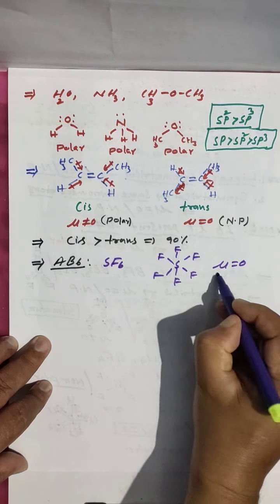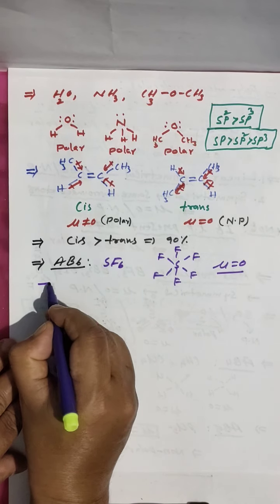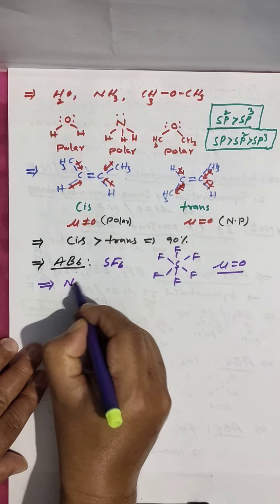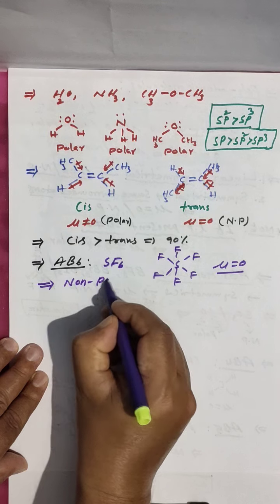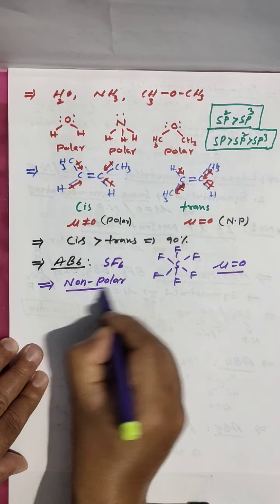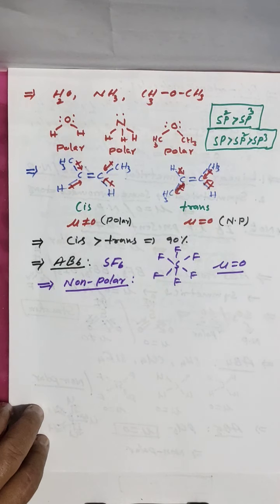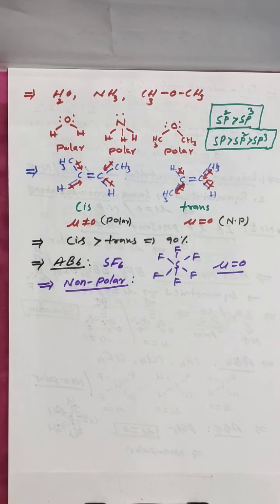Net dipole moment equal to 0. Net dipole moment 0 means that is non-polar. Net dipole moment is 0 means non-polar molecule. So like this, if you know polarity, then you can tell which is polar and which is non-polar.